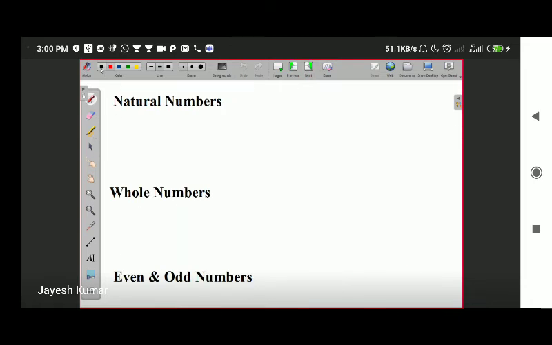Next is an easier one, natural numbers. Natural numbers are also called counting numbers.